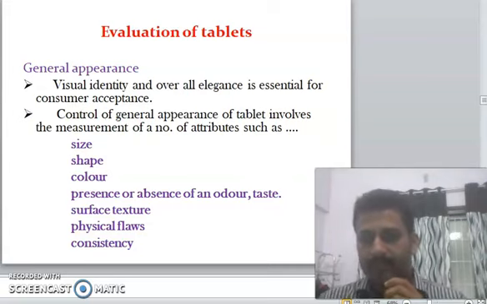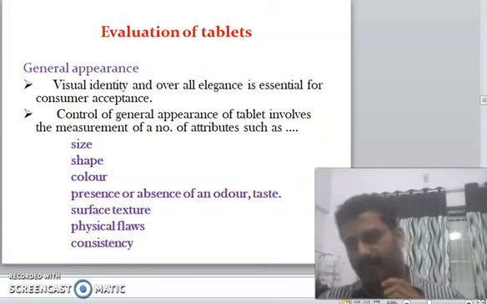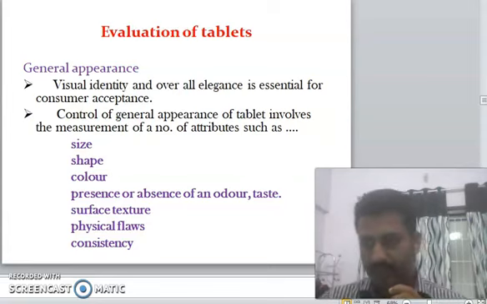All this comes under the official test, also called the pharmacopoeial test. Another set of tests conducted for evaluation is called the unofficial test or non-official or non-pharmacopoeial test, which is not included in the official compendium. The unofficial tests are also required to ensure the quality of the tablets, and include evaluation of the granules, porosity of the granules, then hardness and crushing strength, friability test, tensile strength, thickness, physical appearance, and general appearance.